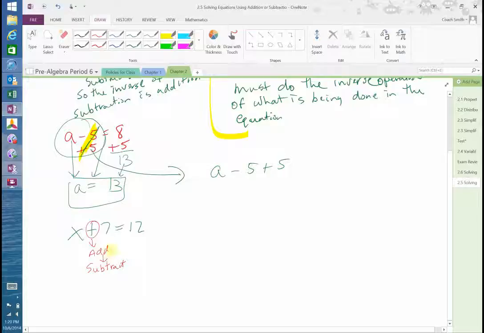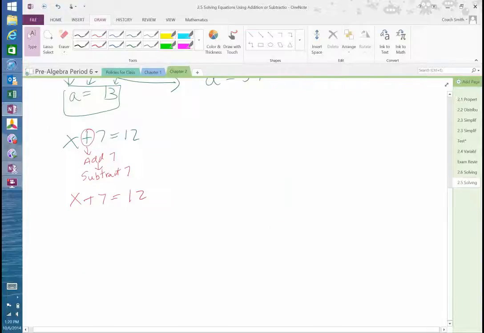We're adding 7, so we must subtract 7 from both sides. x plus 7 minus 7 cancels out, leaving me with x. 12 minus 7 is 5. So x is equal to 5.